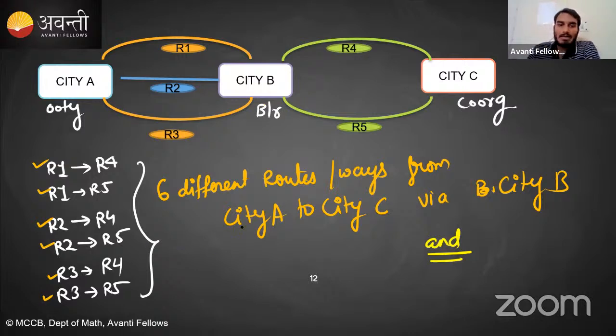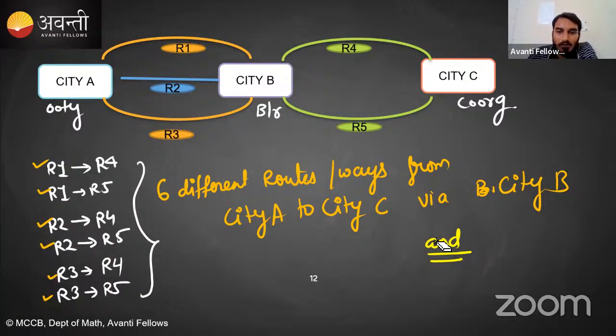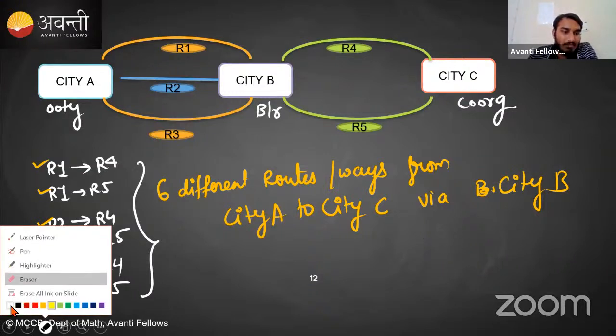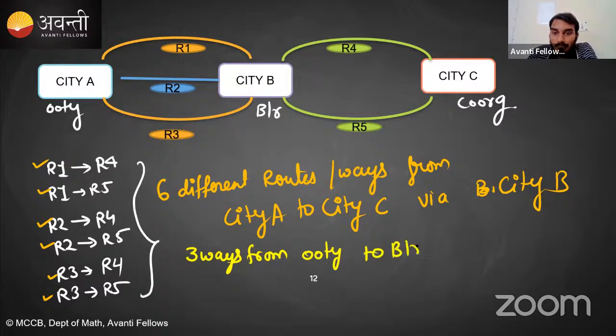So now tell me, student, how many ways are there from Ooty to Bangalore? So 3 ways from Ooty to Bangalore. Clear?